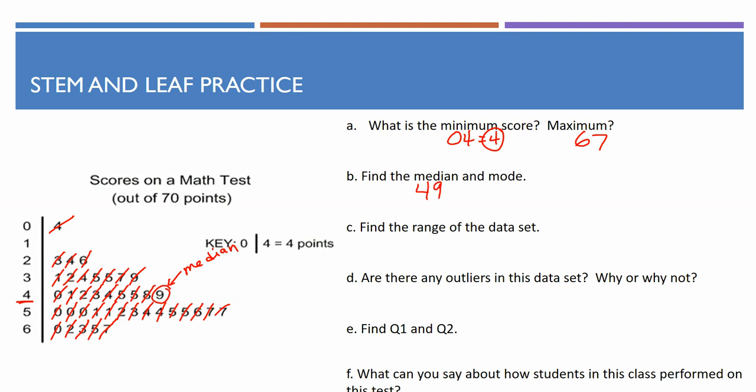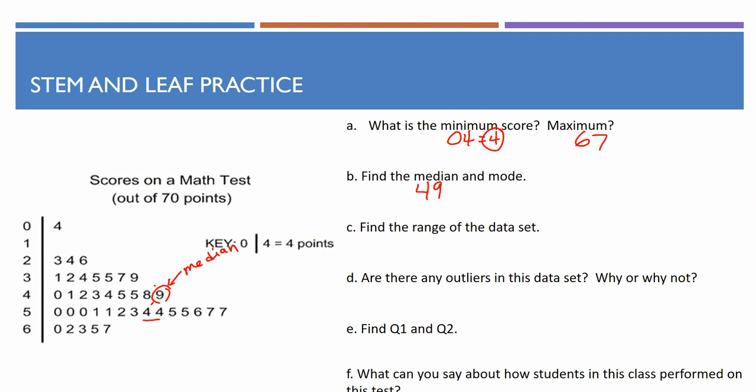My mode is the number that occurs most frequently. So hopefully your eye can kind of look at these numbers. Let me erase. I'm going to leave that median there because we're going to come back to that in a second. But let me erase all the rest of this stuff. And if you kind of just look, hopefully it pops out to you that you have a bunch of numbers that repeat.